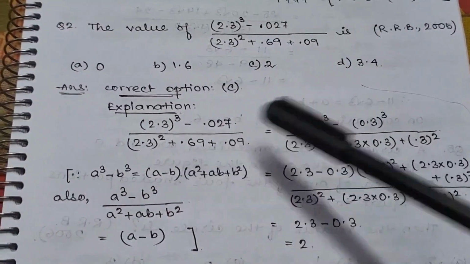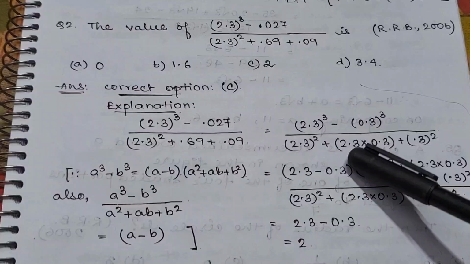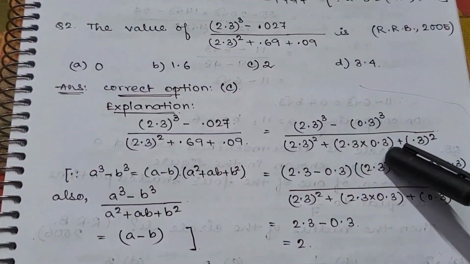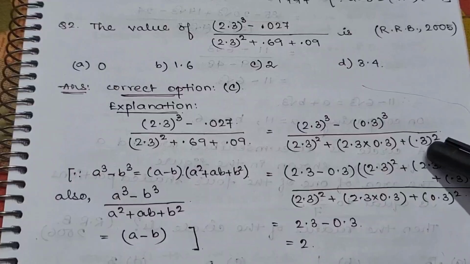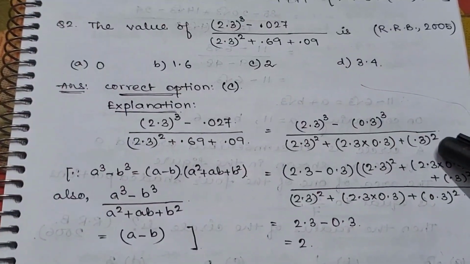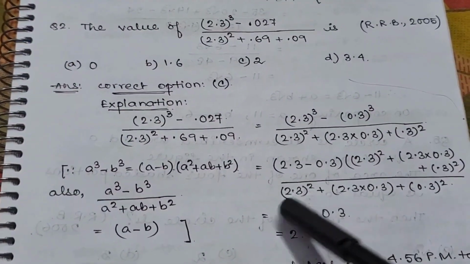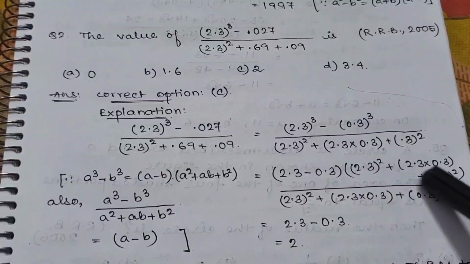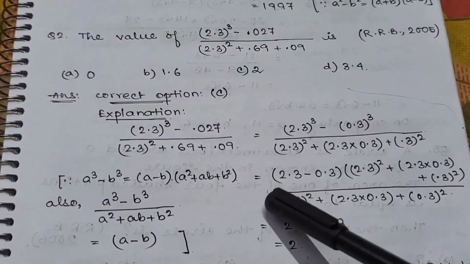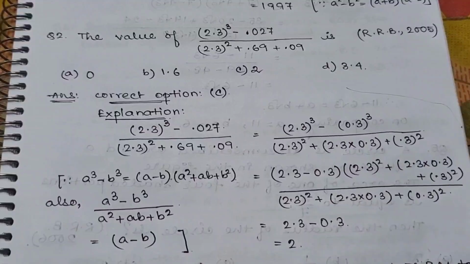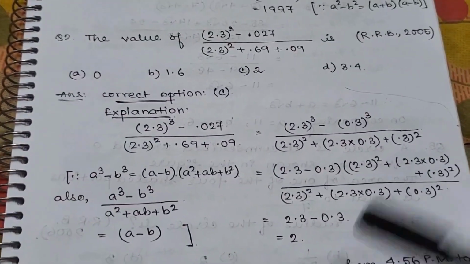Now this 0.69 can be written as 2.3 into 0.3, and this 0.09 can be written as 0.3 whole square. So this whole thing gets cancelled out with this whole thing and we are left with only this part. So this is 2.3 minus 0.3, which is 2.